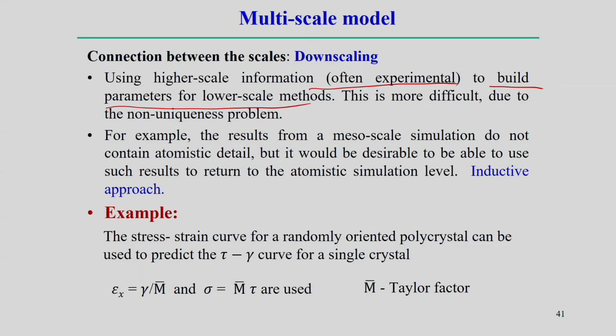But this is more difficult as compared to upscaling due to the non-uniqueness of the problem. If you want to develop a fracture model, by looking into the information from the higher scale data, you correlate the fracture modulus with the responsible parameter for the fracture of a particular material.